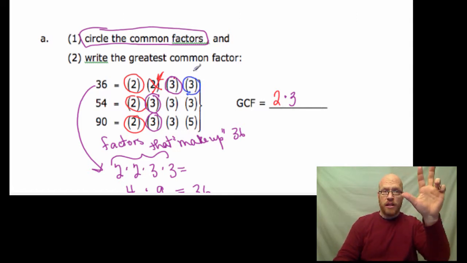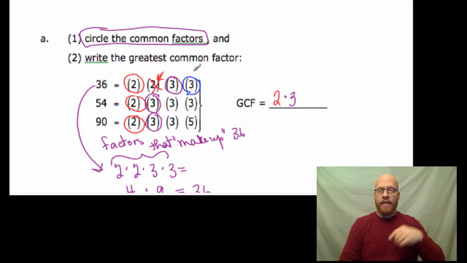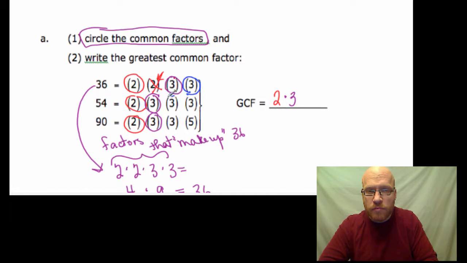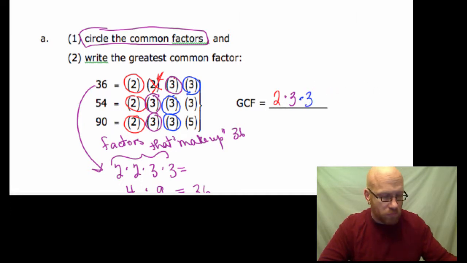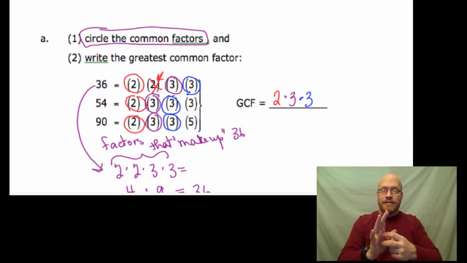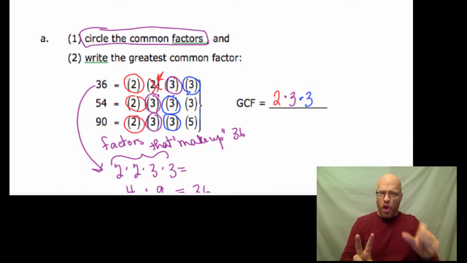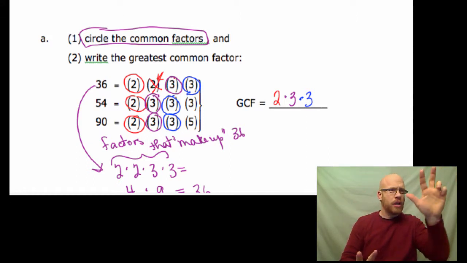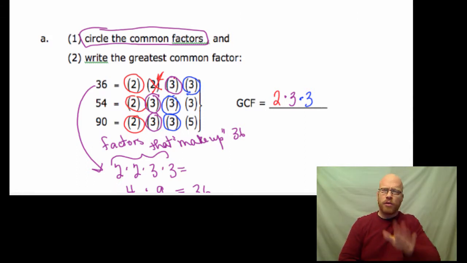Now, there's a second 3. I circled the first set of 3s, now a second set of 3s I'll be circling. The 2s are there, then the 3s aren't exactly in the same row, but it's still okay.